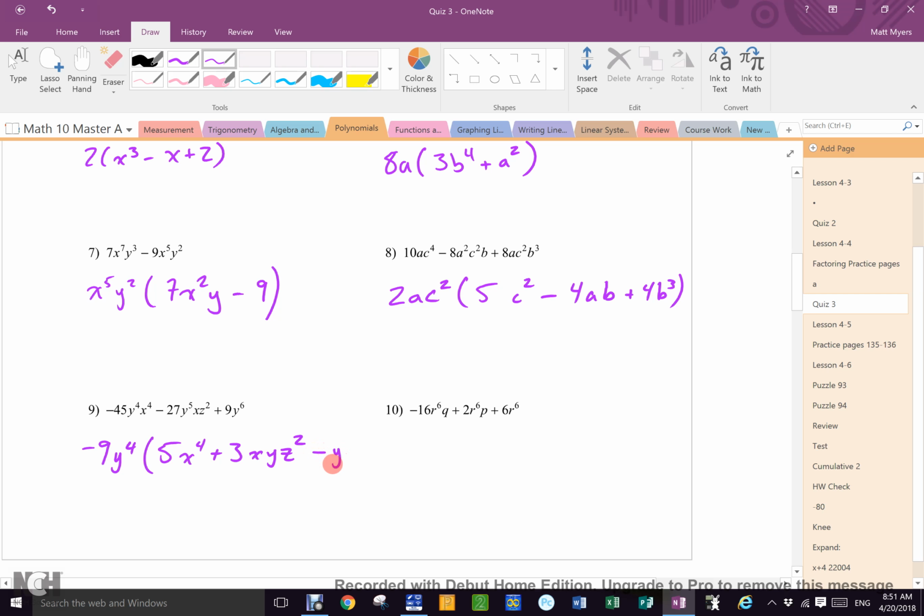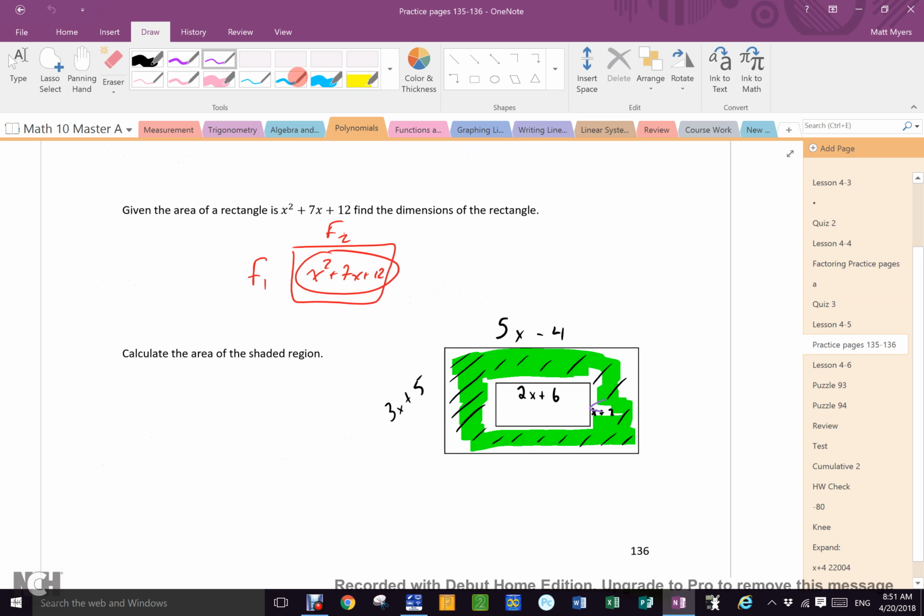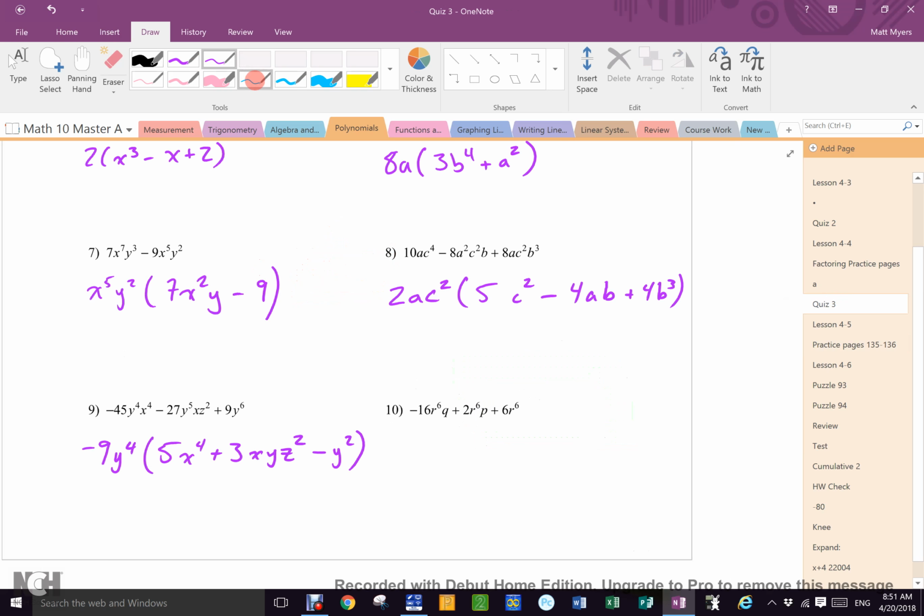Minus y squared. If you brought out a positive 9, then all these signs are different. It would be positive 9 out here, and it would be minus 5, minus 3, and plus y. And you could still get full marks.